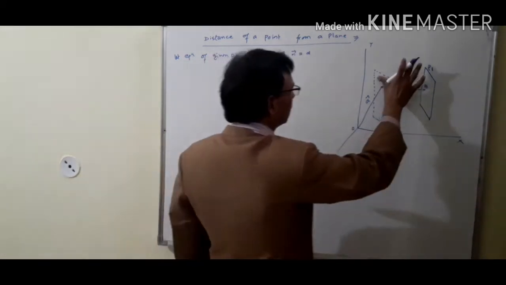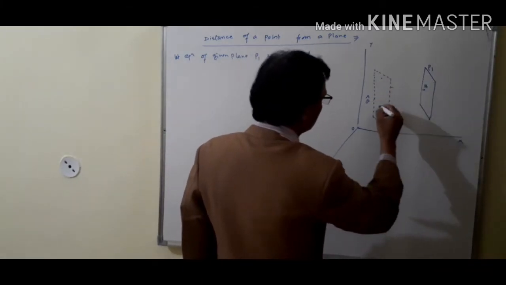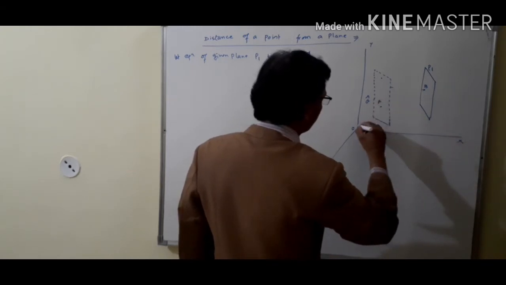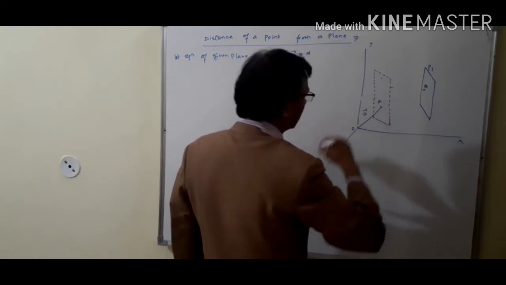the point A, suppose I write like this here. Suppose this is the point A and this is the position vector of A, small a.